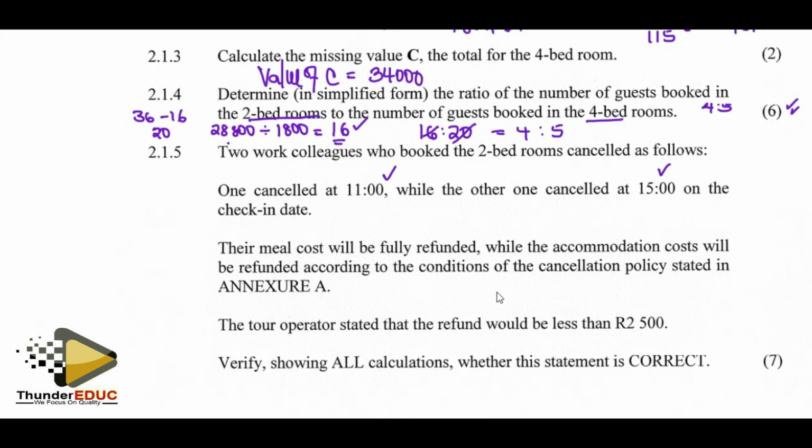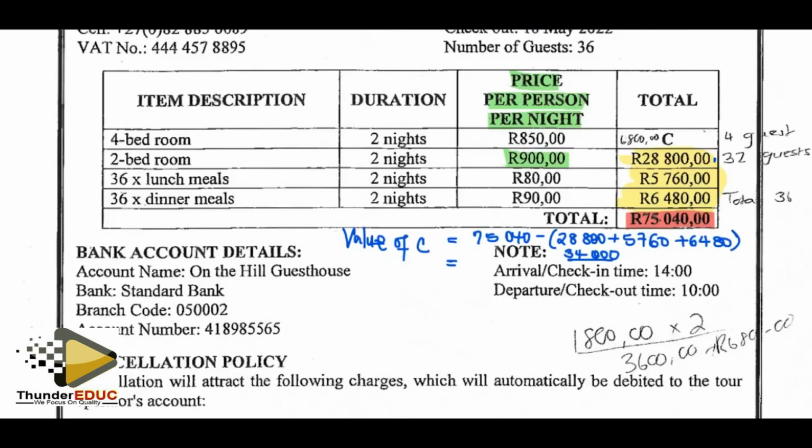So we are going to calculate this according to the conditions on the next chapter. Their meal cost will be fully refunded, while accommodation costs will be refunded according to the conditions on the cancellation stated in the annexure. The tour operator stated that the refund would be less than 2,500. All right, let's check and see the annexure.